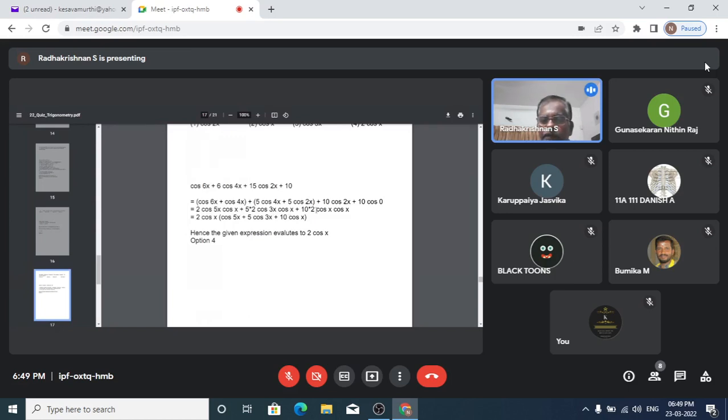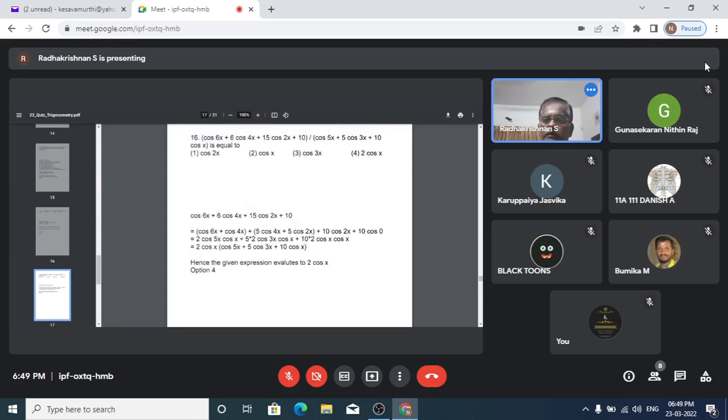Similarly this is plus 10 into 2 cos x cos x. So if we take 2 and cos x common in all the terms, then what remains is only cos 5x plus 5 cos 3x plus 10 cos x, which is the same as the denominator, which gets cancelled out.